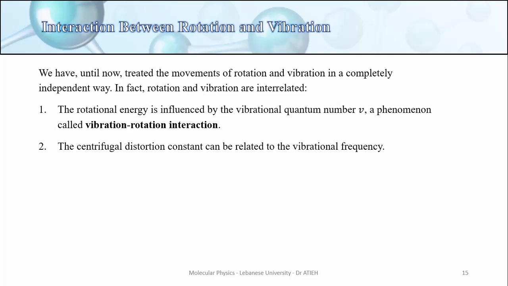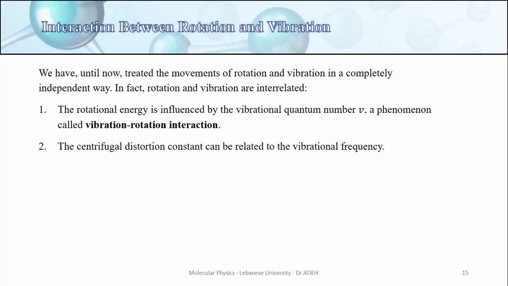First, the rotational energy is influenced by the vibrational quantum number nu. So the energy of rotation depends also on nu, a phenomenon called vibration-rotation interaction, which means that the rotational constant B and the centrifugal constant D, these constants which are related to rotation, depend on the quantum number nu.